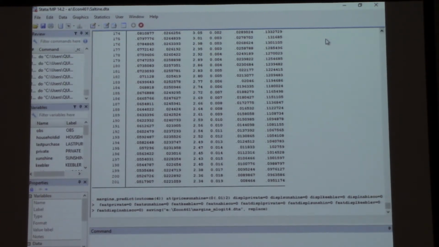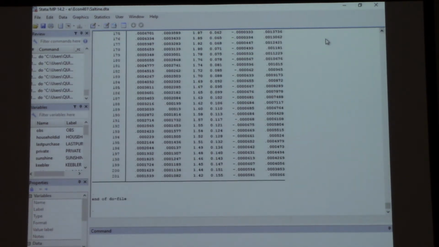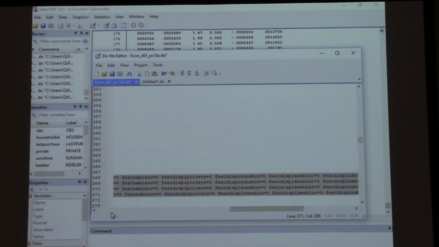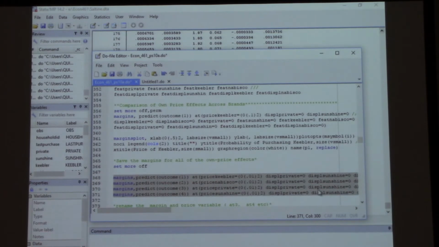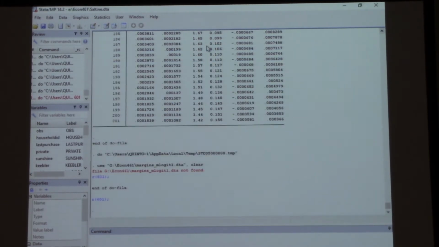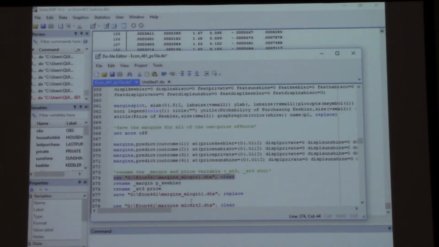So we have to take those margin outputs, save them, which we did using the saving margin command, and then combine those outputs together. So let's go to our first margins.